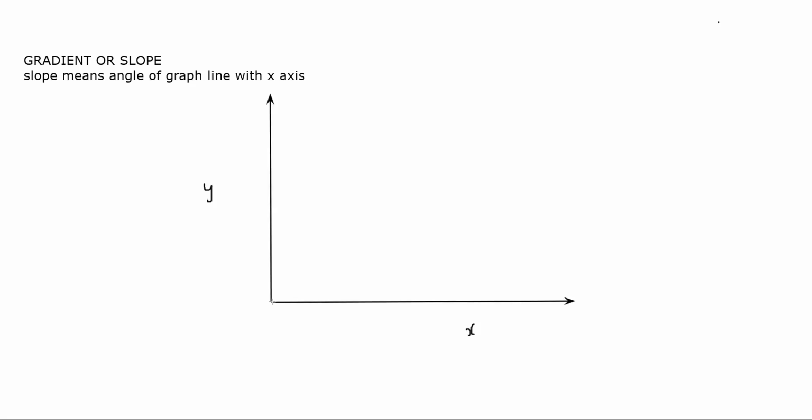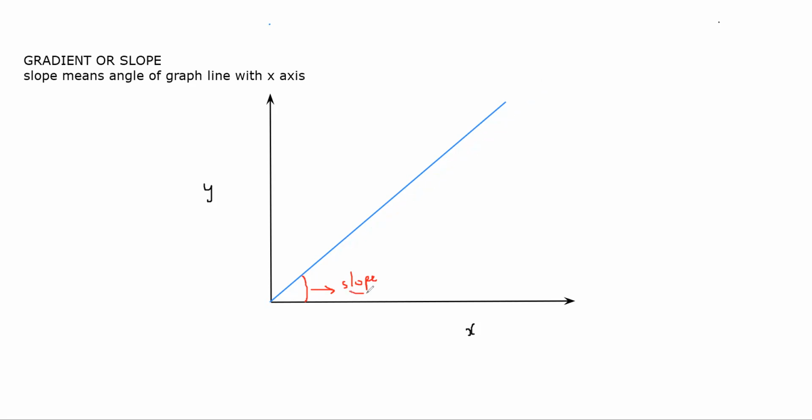Slope means angle which the line is making with x-axis. So this angle refers to slope.